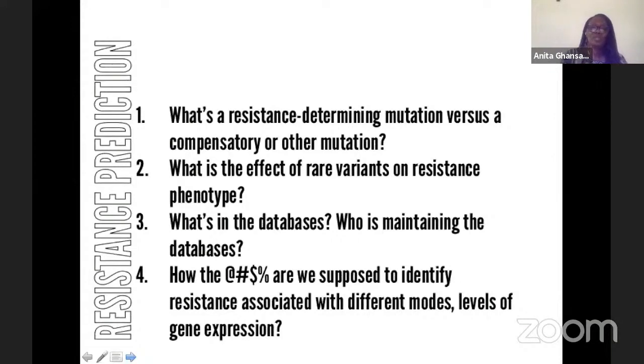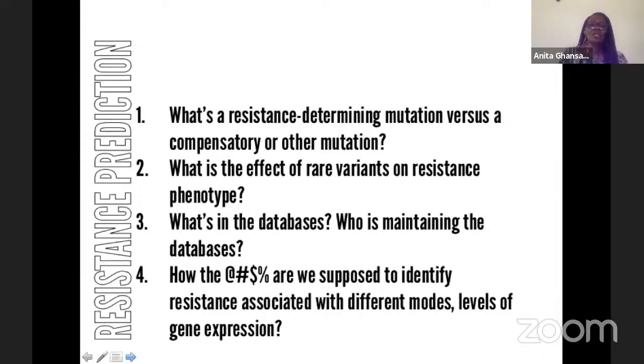Now, you must also be interested in what information is in the database and how this database is being maintained. And you must make sure that your sequences, if uploaded onto the database, should be either new or comparative to what is in a database.